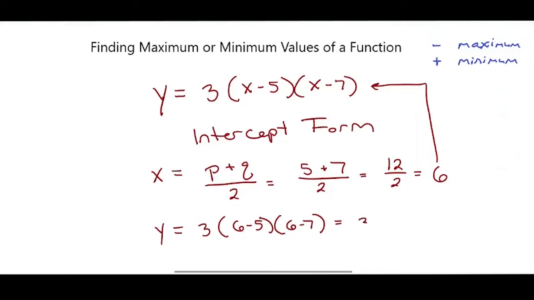Well, that'll be 3 times 1 times negative 1. 3 times 1 is 3, times negative 1 is negative 3. So my minimum equals negative 3. And that's how you find a minimum value in a function that is in intercept form.